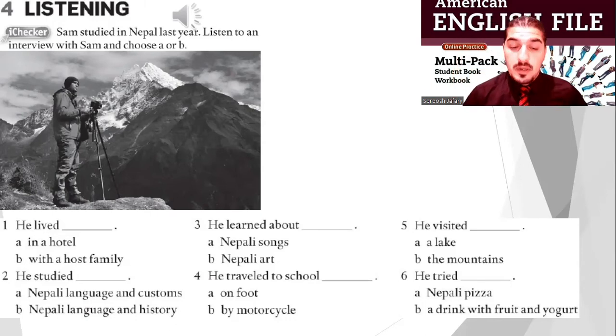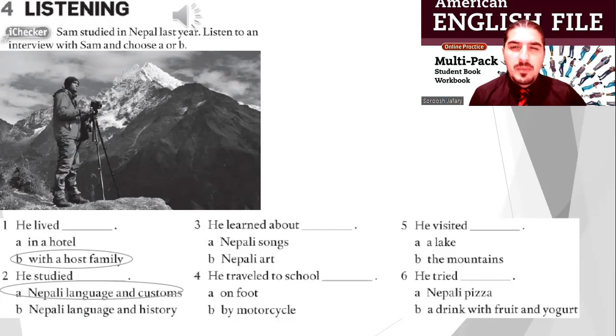Well done. Very good. Okay, check your answers with your partner. Good. Let's do it together. He lived B, with a host family. Number 2, he studied. What did he study? Do you remember? Nepali language and customs. Very good.